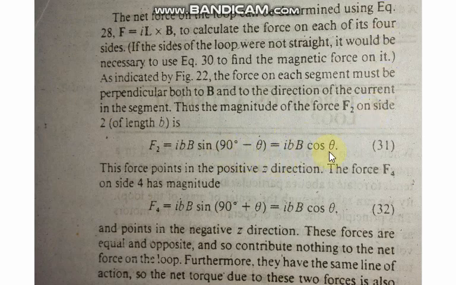So here you can see in equations 31 and 32 of your book, these two are showing the magnitudes of the forces acting on the sides 2 and 4, which were the longer sides of the rectangular loop, and the length of these two sides was equal to small b.